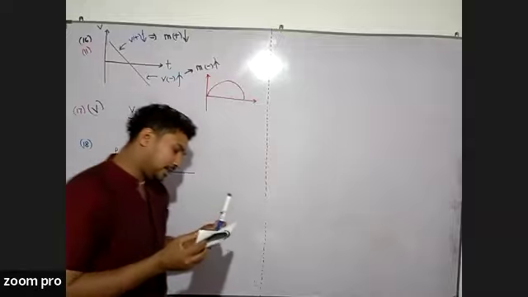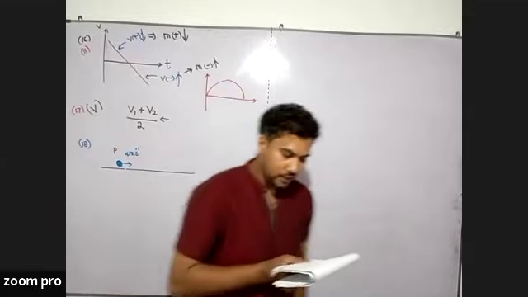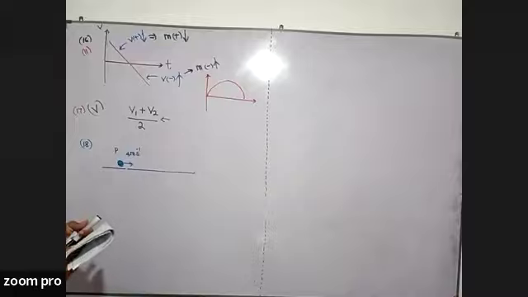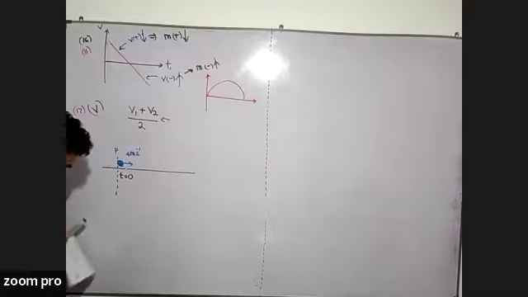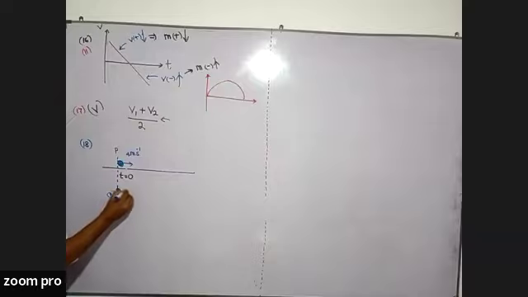A second particle Q moves along the same direction with a velocity of 5, passing the origin O at t equals 1 second. So after initiating the first object, after 1 second another particle, Q, passes this position with a velocity of 5.